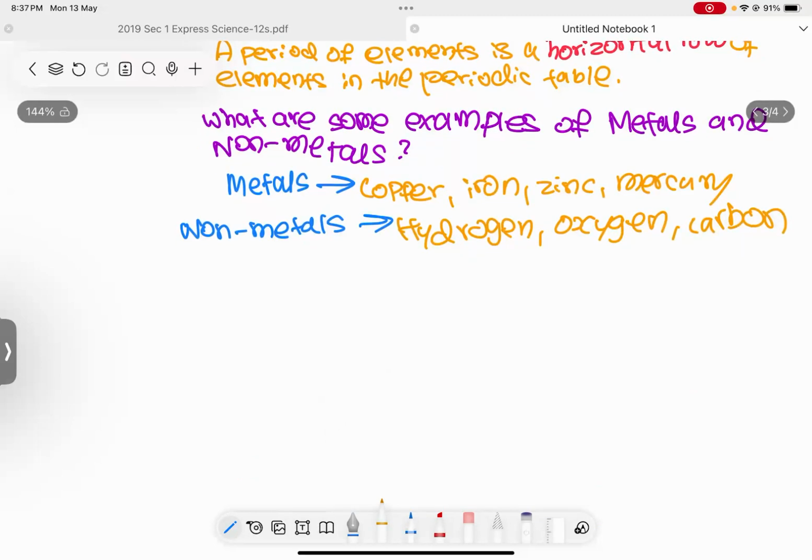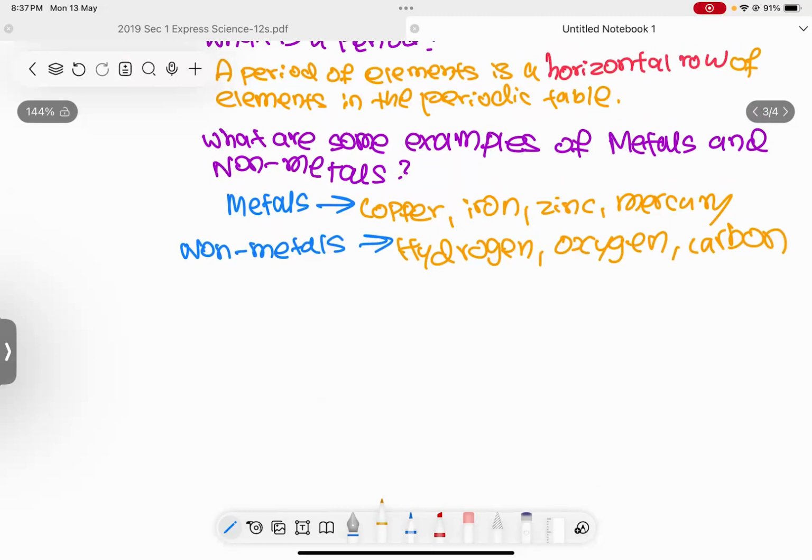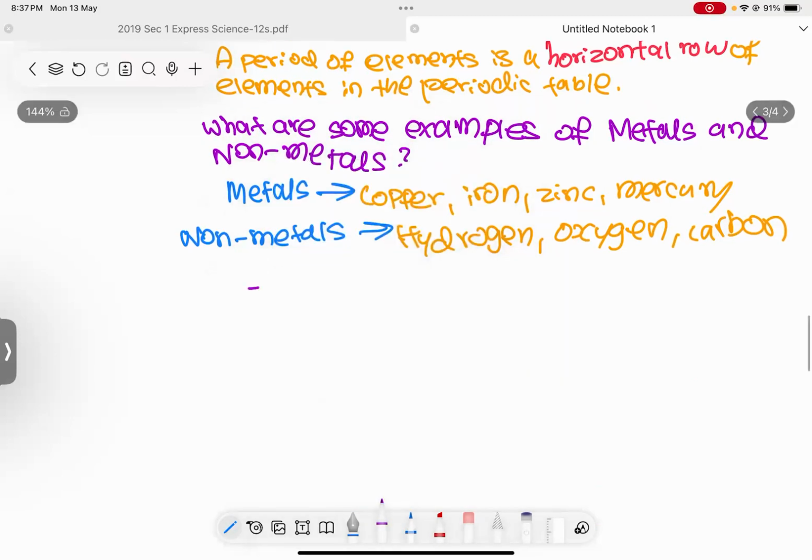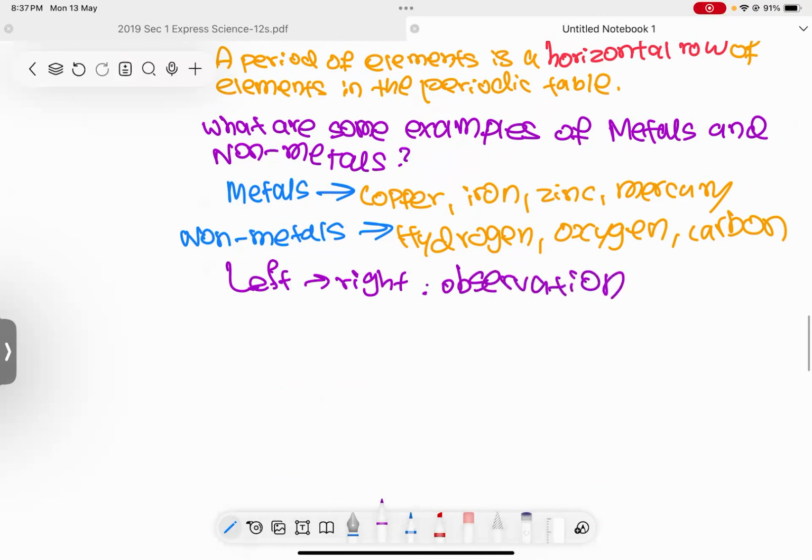Now what do you observe about the elements as you move from left to right across the periodic table? So from left to right, observation: what do you observe when you go there?